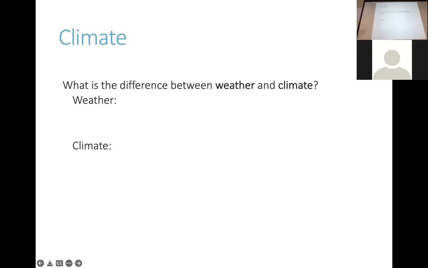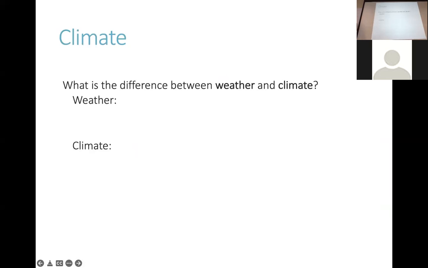So weather is more small scale. Not necessarily area, but time wise. So weather is maybe one spring season. Climate is really long-term changes. So climate, long-term averages, I would say, of the weather. Weather is kind of a moment in time.